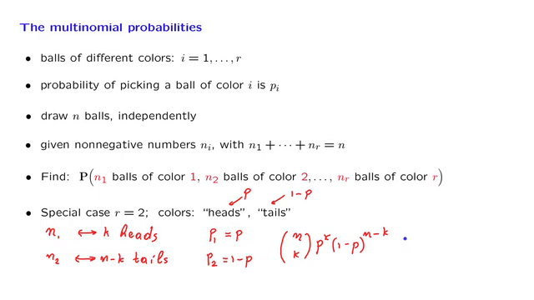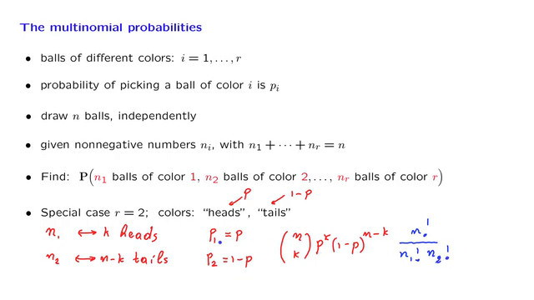Now we can translate this answer to the multinomial case where we're dealing with colors, and we do these substitutions. So n choose k is n factorial divided by k factorial. In this case, k is the same as n1, so we get an n1 factorial. And then we are going to have here n minus k factorial. But n minus k corresponds to n2, so here we get an n2 factorial.